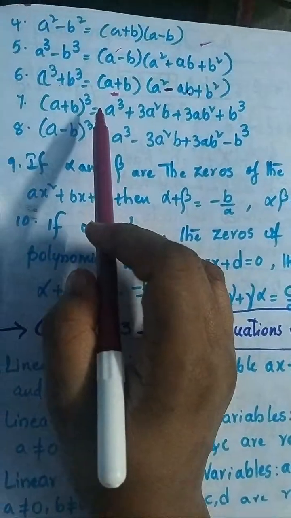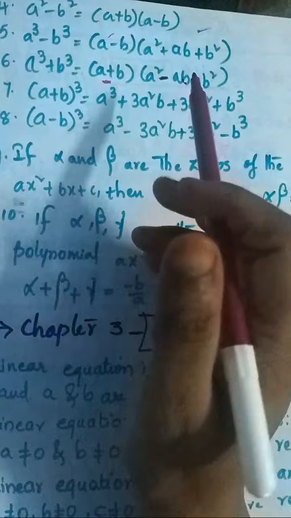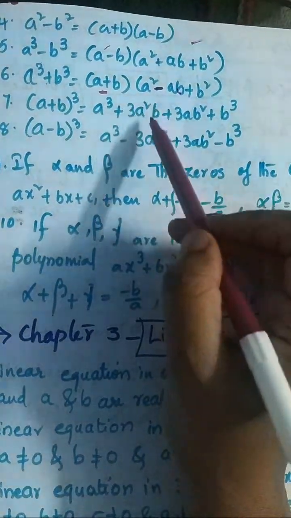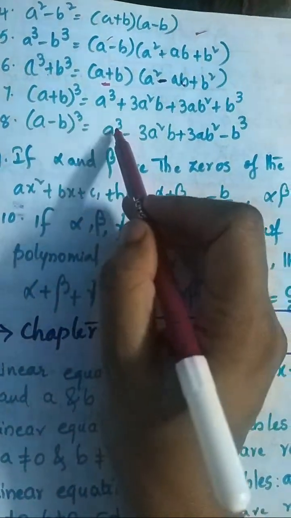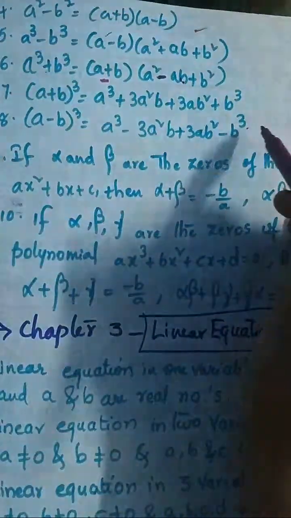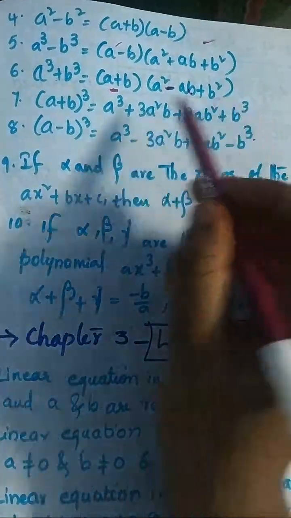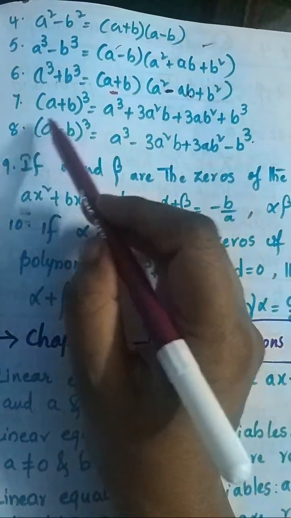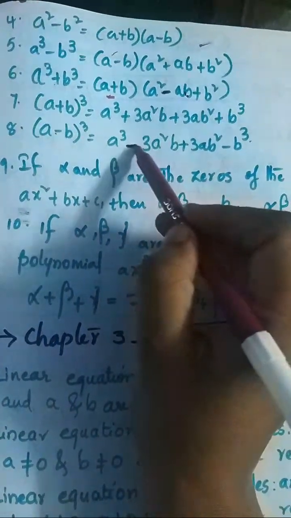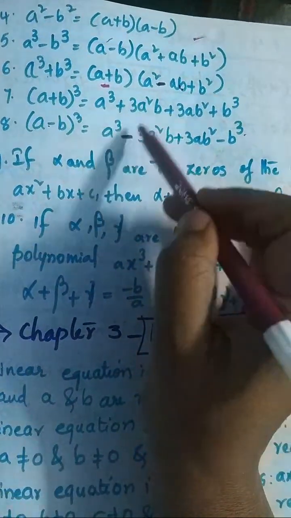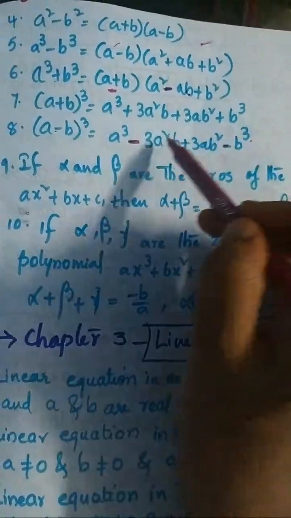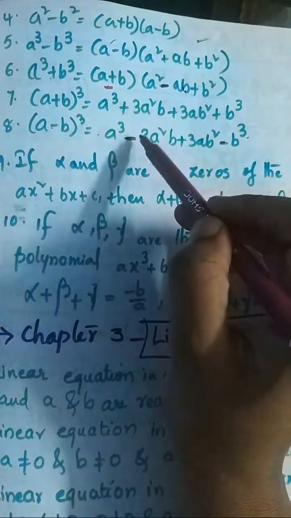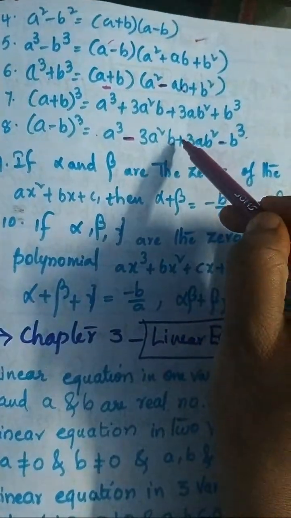Okay, now another formula, that is (a plus b) whole cube. So a cube plus b cube and 3a square b plus 3ab square. (a minus b) whole cube is a cube minus b cube, minus means minus b cube. In the plus formula, all are positive. In (a minus b) whole cube, we get minus for 3a square b, the first term, and minus here for b cube, alternating positive, negative, positive, negative.